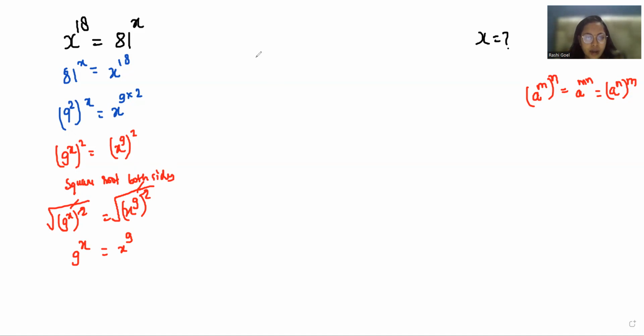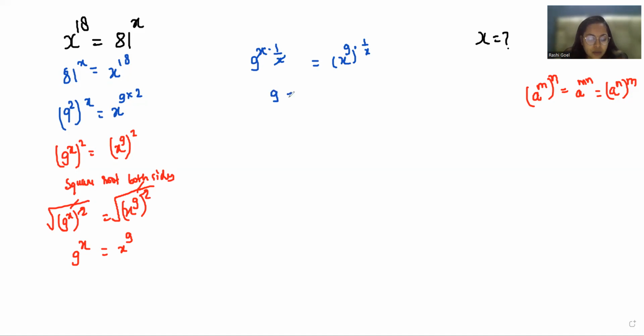Now 9 power x, I am going to multiply with power 1 by x on both sides. So we can cancel out this.